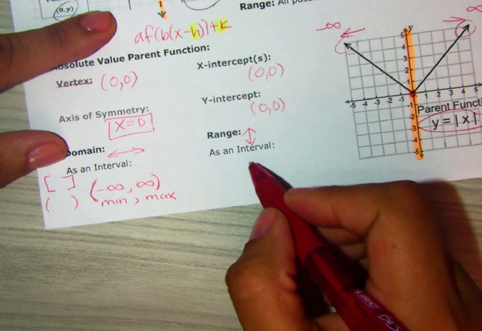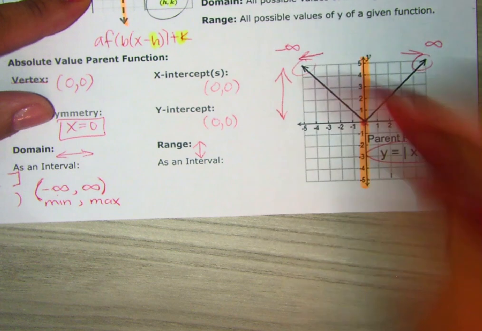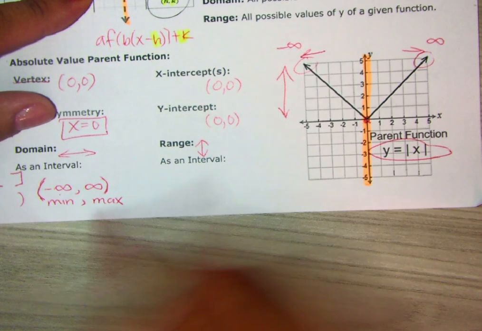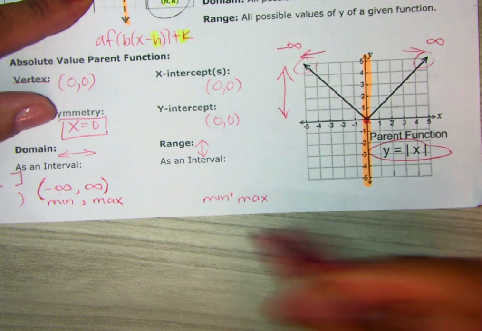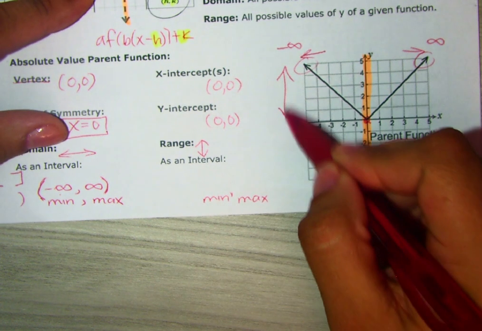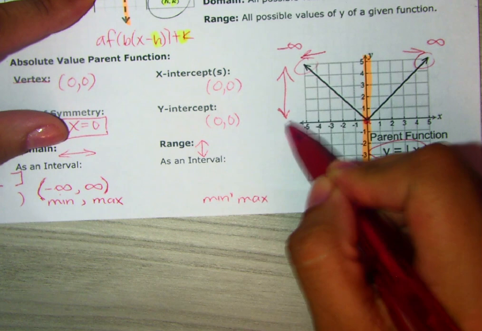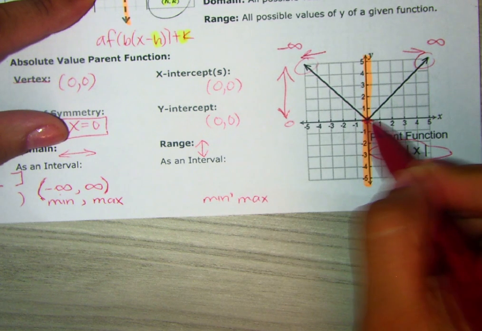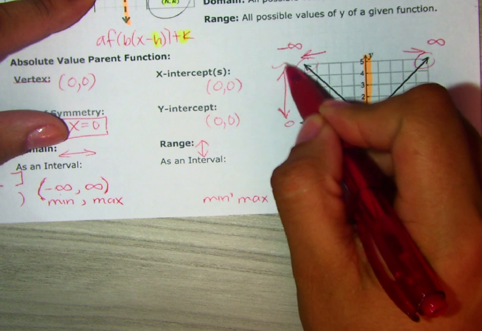For the range, we're going to go up and down, looking at this graph. Always write the minimum first, followed by the maximum. The lowest that this graph goes is right here, which is a 0 on the y. And what's the highest? Well, it has arrows, so the highest will be infinity.